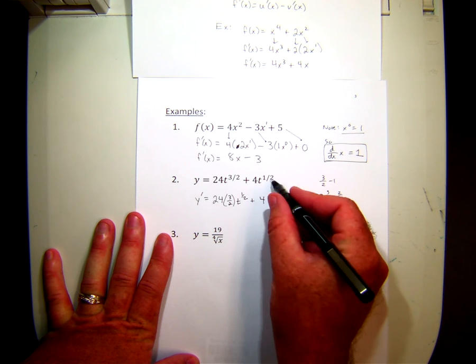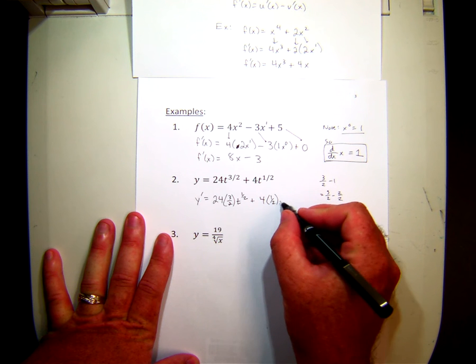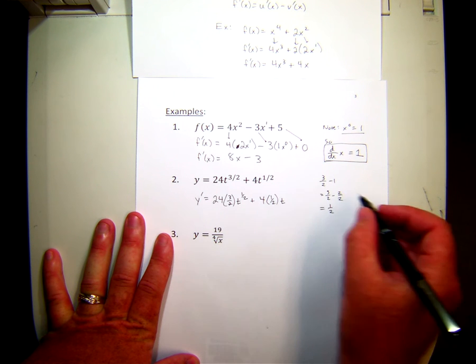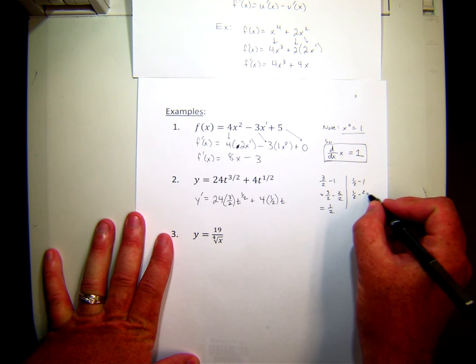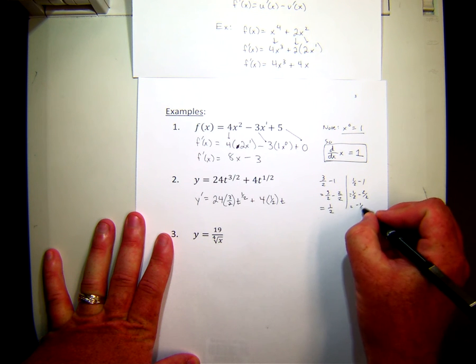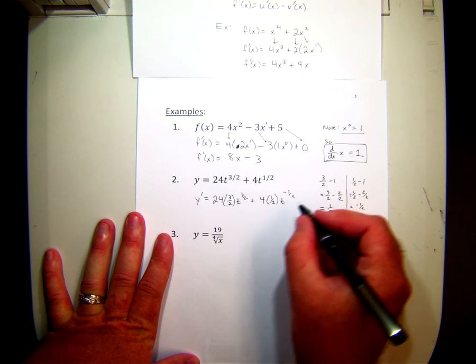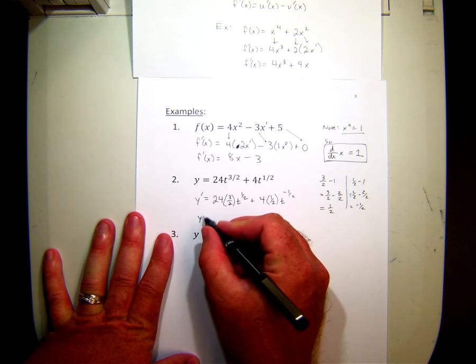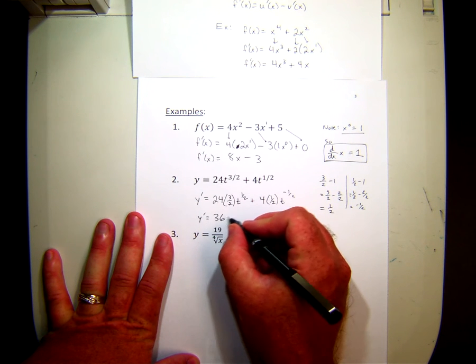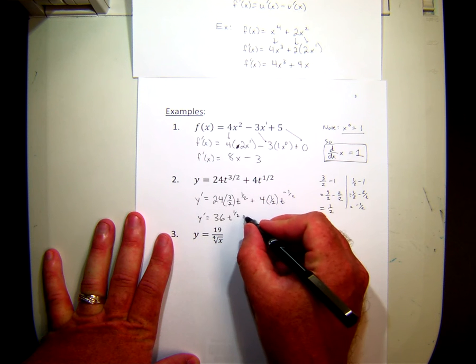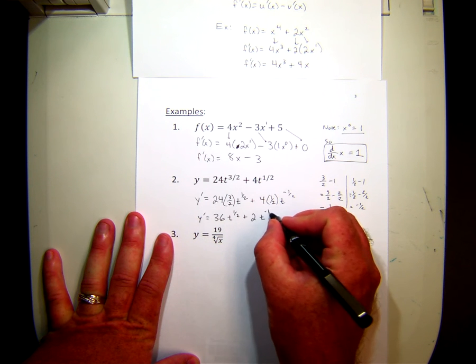Constant multiple, 4. I'm going to multiply by 1 half. T to the subtract 1 from 1 half. You may want to do this off to the side or use a calculator. It's negative 1 half. So y prime equals 36 t to the 1 half plus 2 t to the negative 1 half.